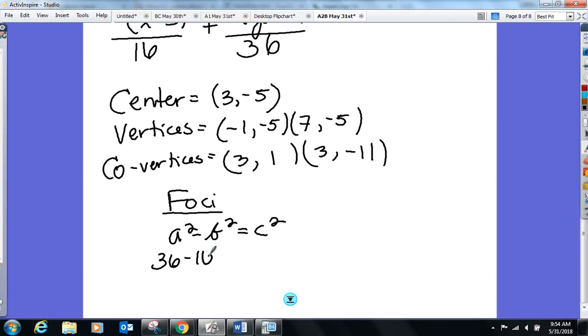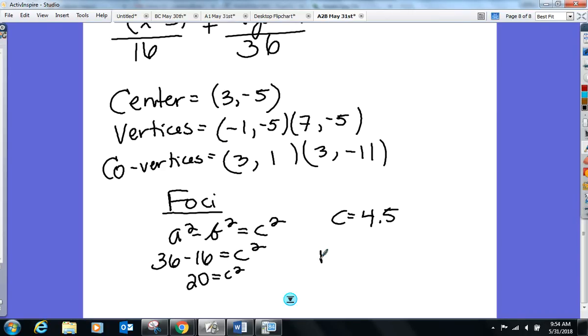36 minus 16, 20 equals c squared. Oh boy, I'm not even going to try here. I don't know, 4.5. So up 4.5, down 4.5 from your center, everybody.